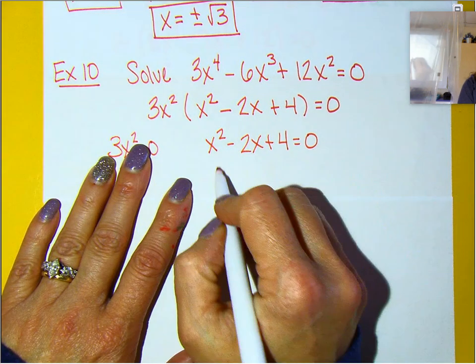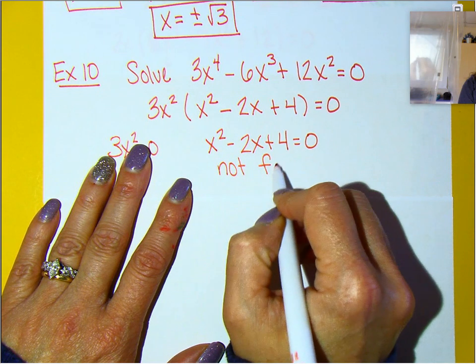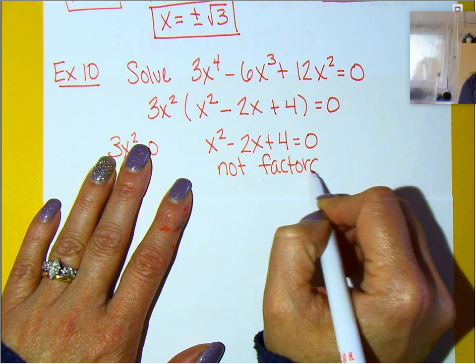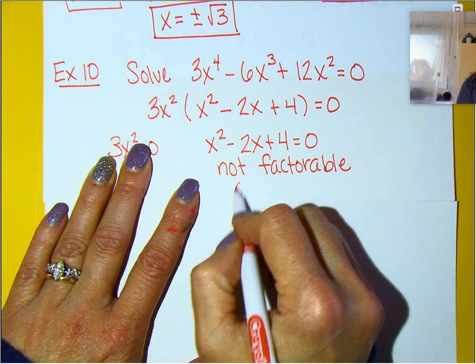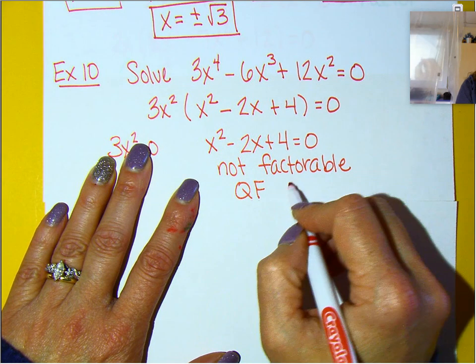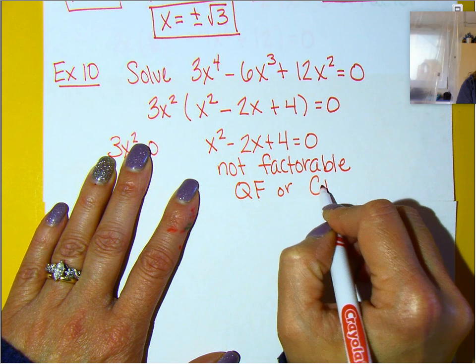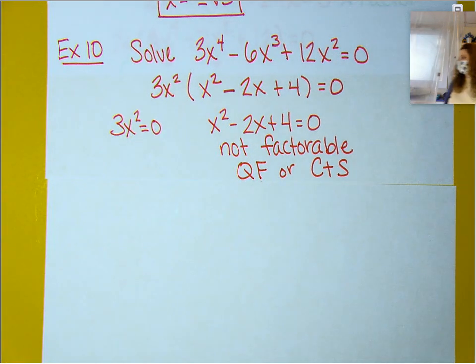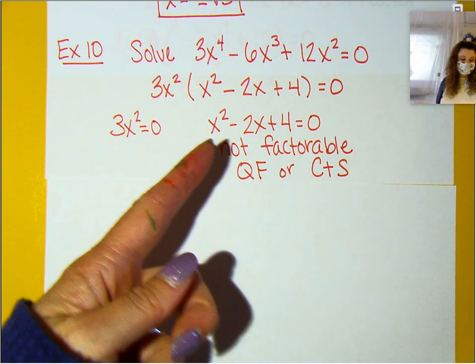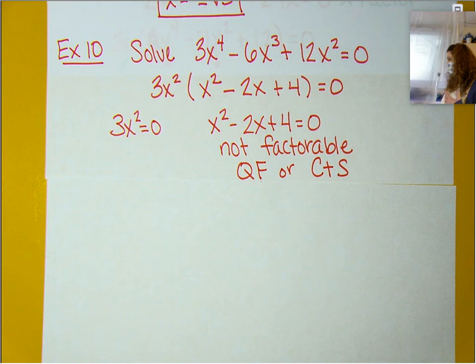So my only choices, if it's not factorable, remember, it's quadratic formula or completing the square. You have two choices now. Always reduce your radicals, reduce your quadratic formula, final answer.